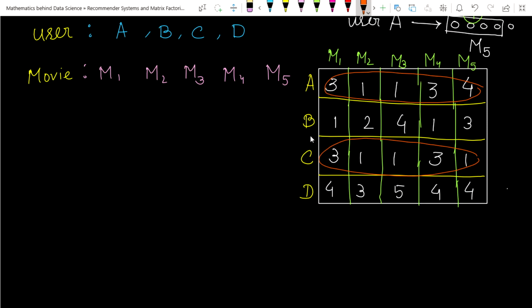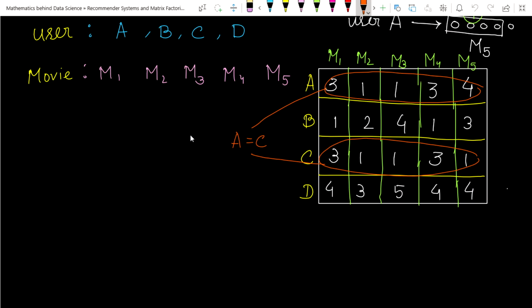At the end of the day we have to recommend something. If user A gives the same rating for each movie as user C, then the choices of user A and user C are the same. So from that we can conclude that user A and C have the same choice.